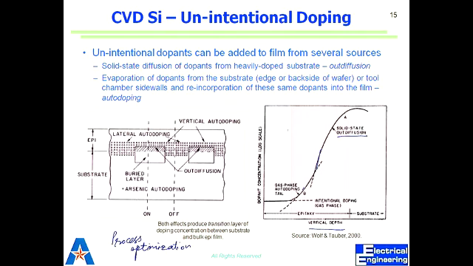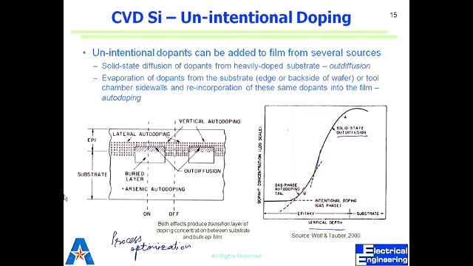How do we manage this? We cater for this in the process. So when we do diffusion, we would know how deep you want to take it, because if you are doing epi later on, you would know this is going to result in out diffusion, right? So then you can cater for it in the original diffusion or implantation.